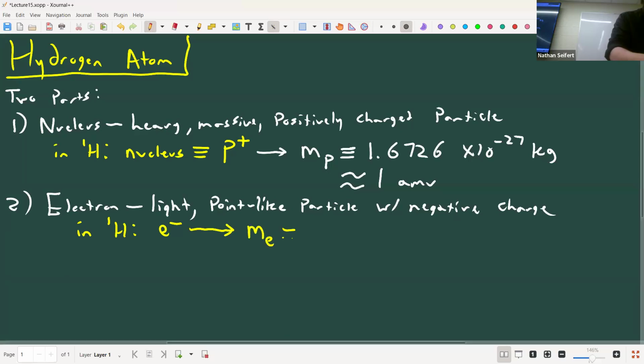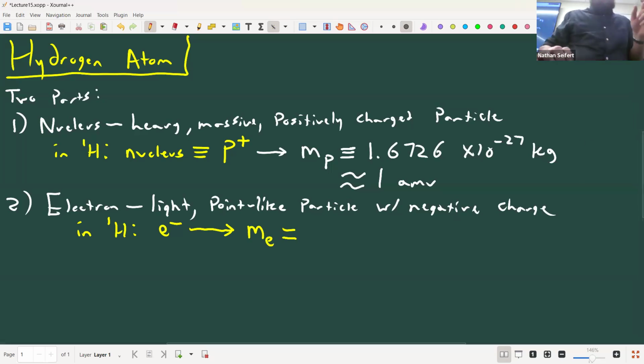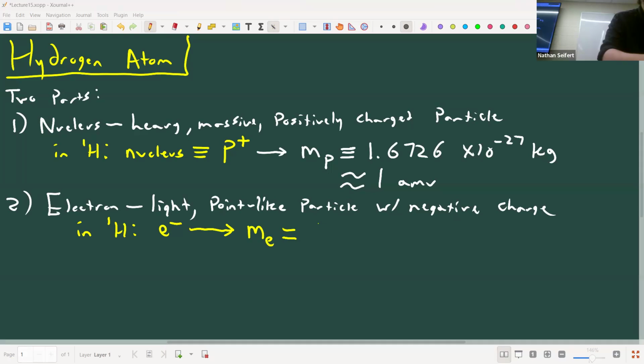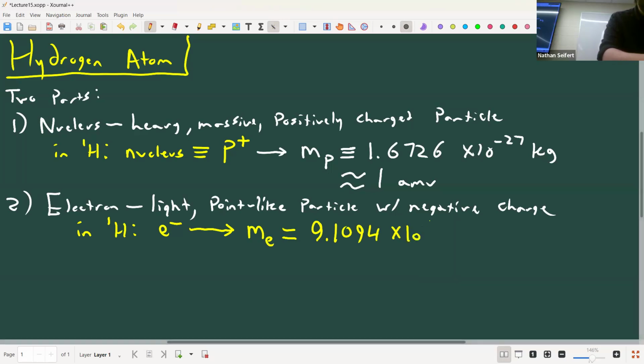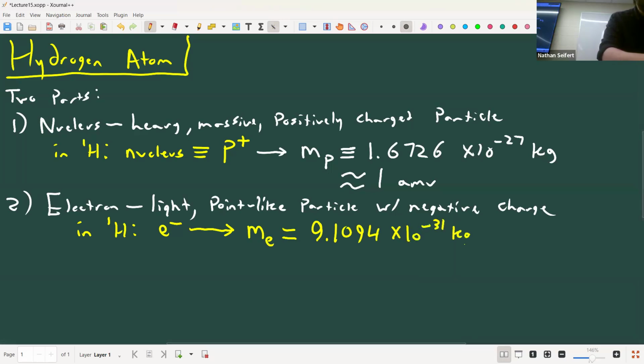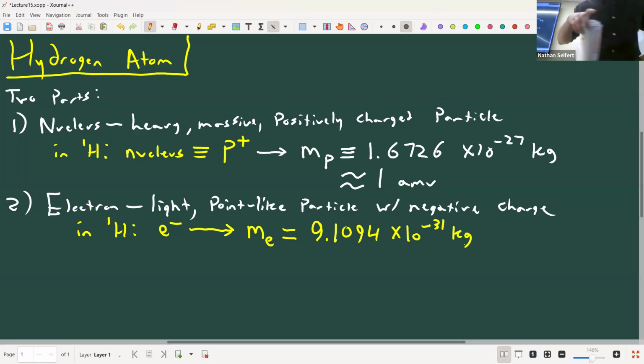In 1H, the electron, which I always write e minus, has a mass that's a lot smaller: 9.1094 times 10 to the minus 31 kilograms. So that's almost 10 to the minus 30.